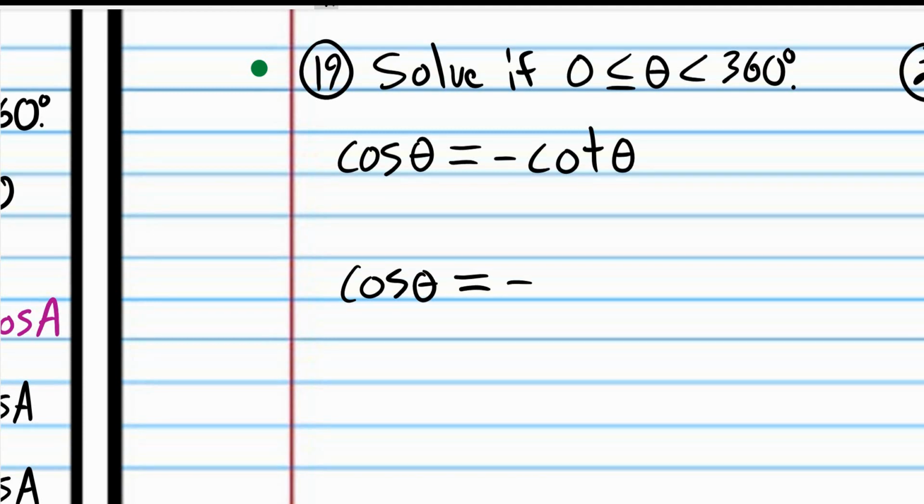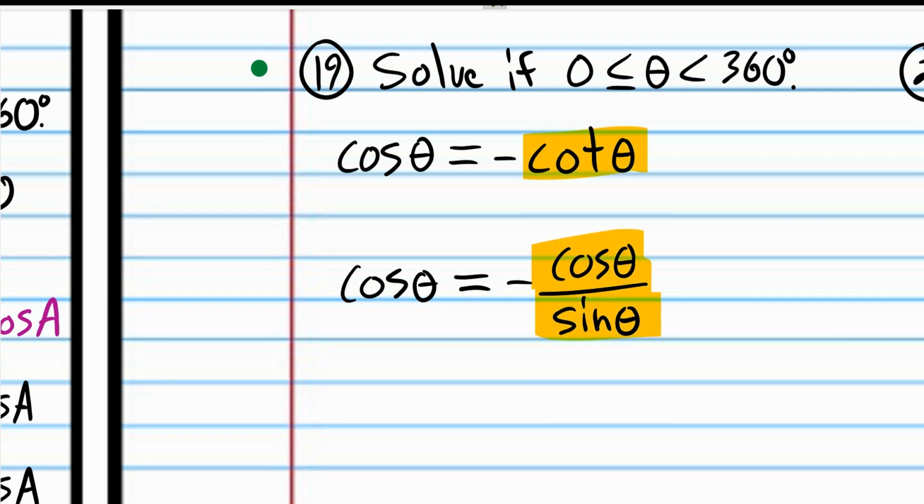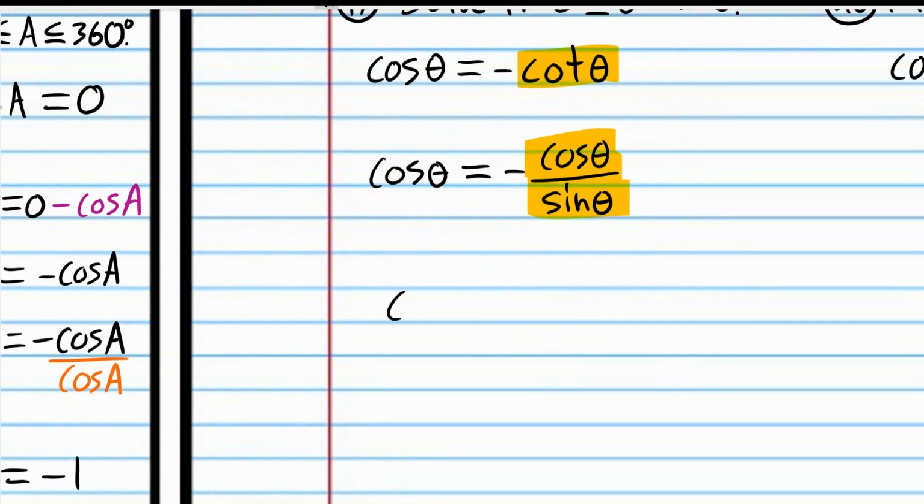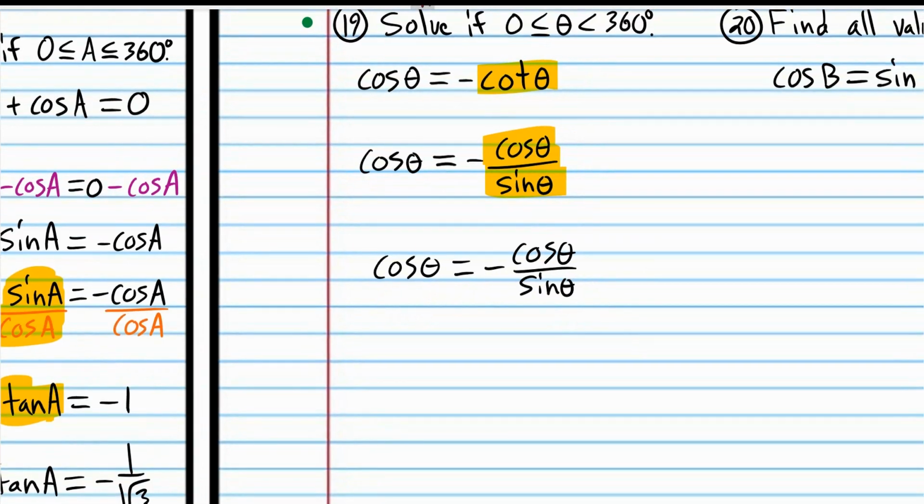So I'm going to change cotangent to cosine theta over sine theta. That's a ratio identity. And then I'm going to multiply both sides of the equation by sine theta to get rid of the fraction.